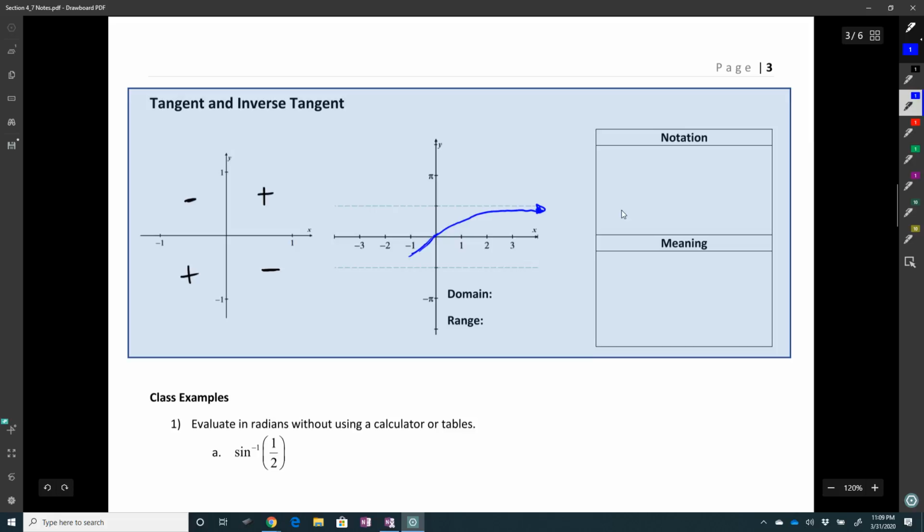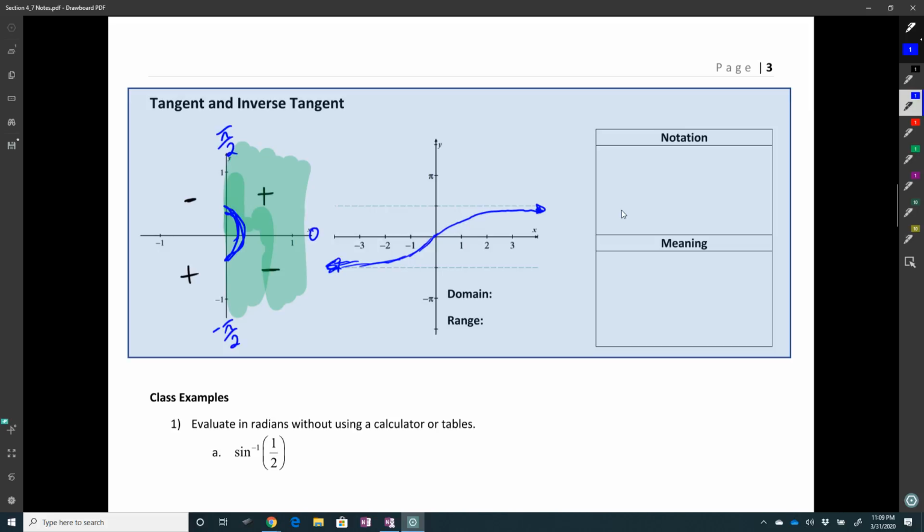The dotted lines I gave you are asymptotes, and it goes off forever in that direction. This passes both the vertical and the horizontal line tests. And this is going between negative 90 degrees and 90 degrees, so this is negative pi over 2 to pi over 2.